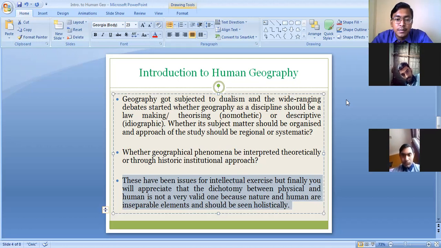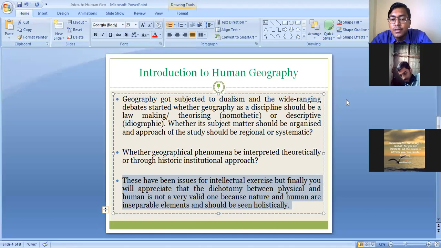The subject of geography is one where both the natural and human elements are inseparable, and it should be studied holistically, as a combined entity. Nature cannot be separated from the human aspects, and human beings cannot be separated from the natural part.